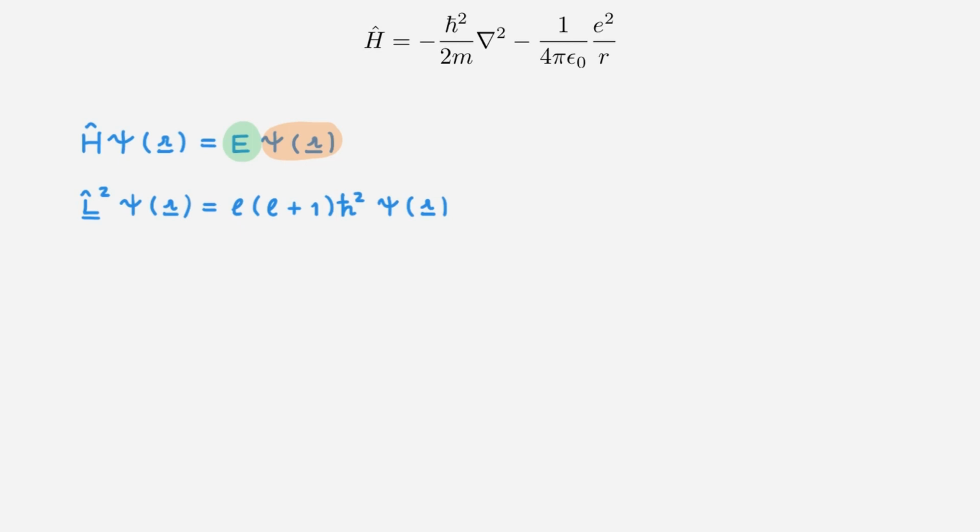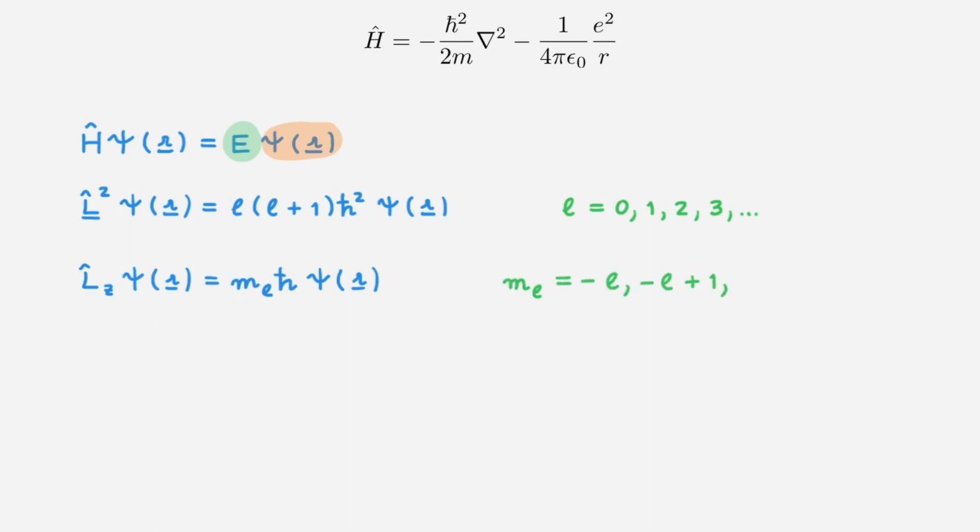And remember that the quantum number L can take any non-negative integer value. The eigenfunctions can be chosen to also be eigenfunctions of the Lz orbital angular momentum, like this. And again, remember that for a given L, ML can only take one of these values separated by integer steps.